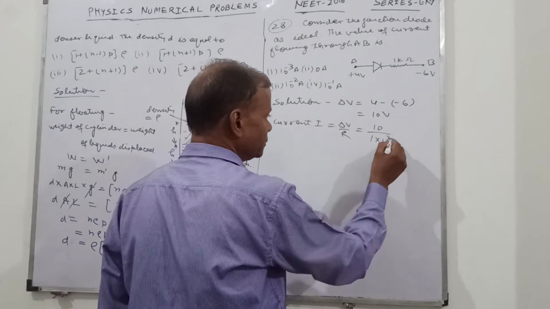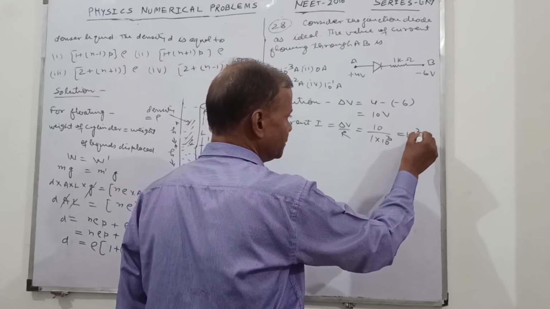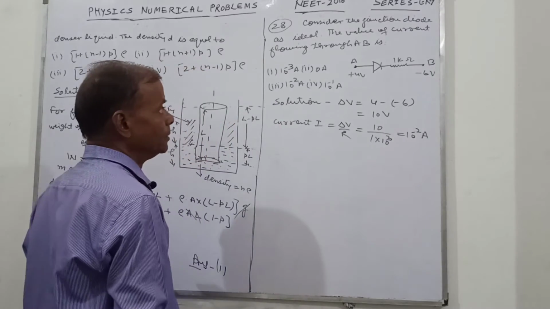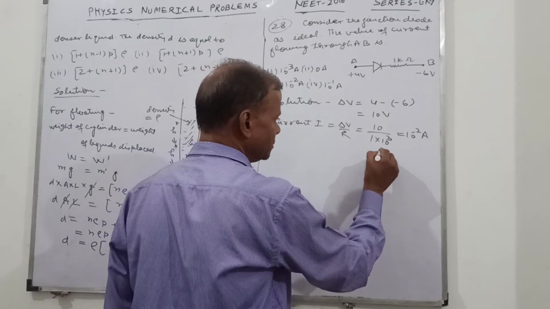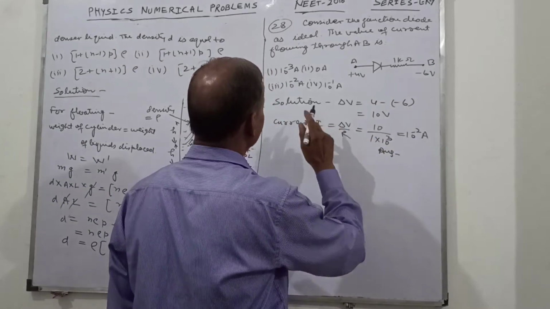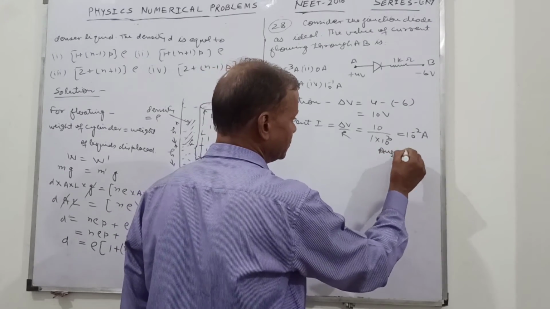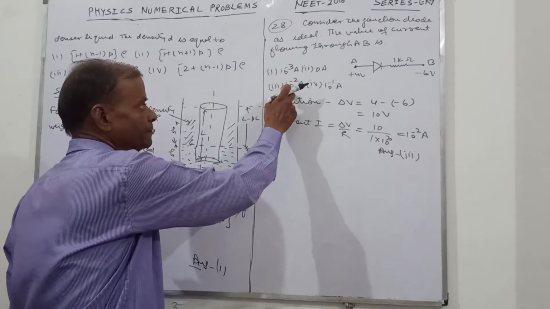So this will be your 10 raised to the power minus 2 ampere. So our right option is minus 2, this is now the third option.